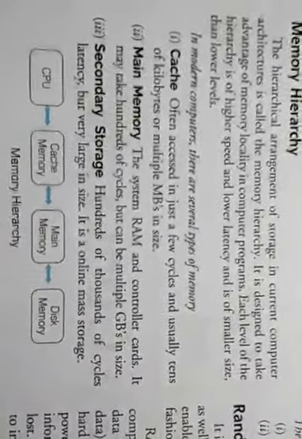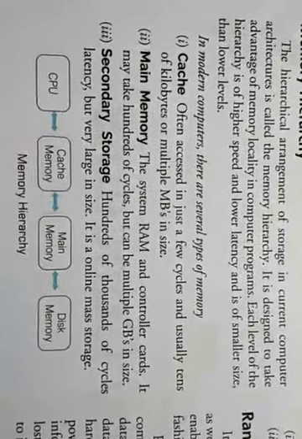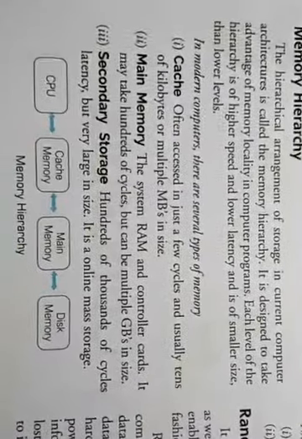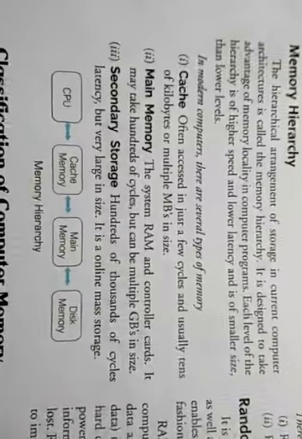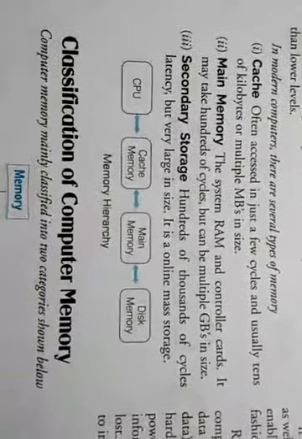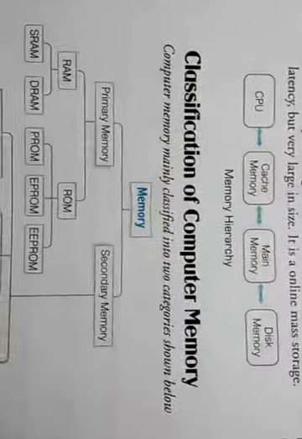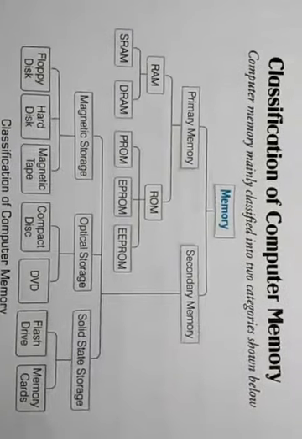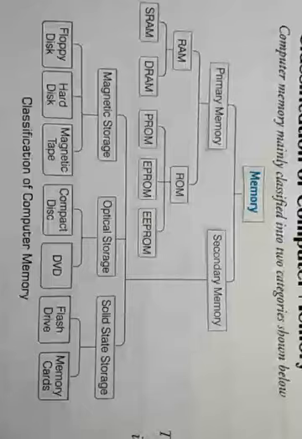Cache memory resides between the CPU and main memory, and on the top level there is the CPU register. Now the classification of computer memory diagram I have already explained, and here you can see some more examples.